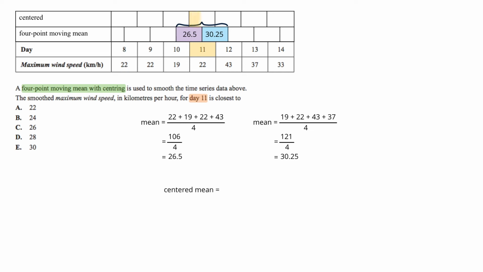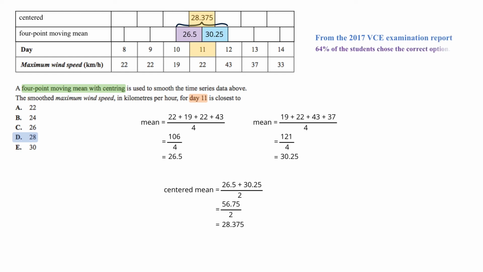So the centered mean is going to be equal to 26.5 plus 30.25 all divided by 2, which gives us 28.375. And this is close to 28. So the answer we are after is option D. From the 2017 VCAA examination report, 64% of the students chose the correct option.